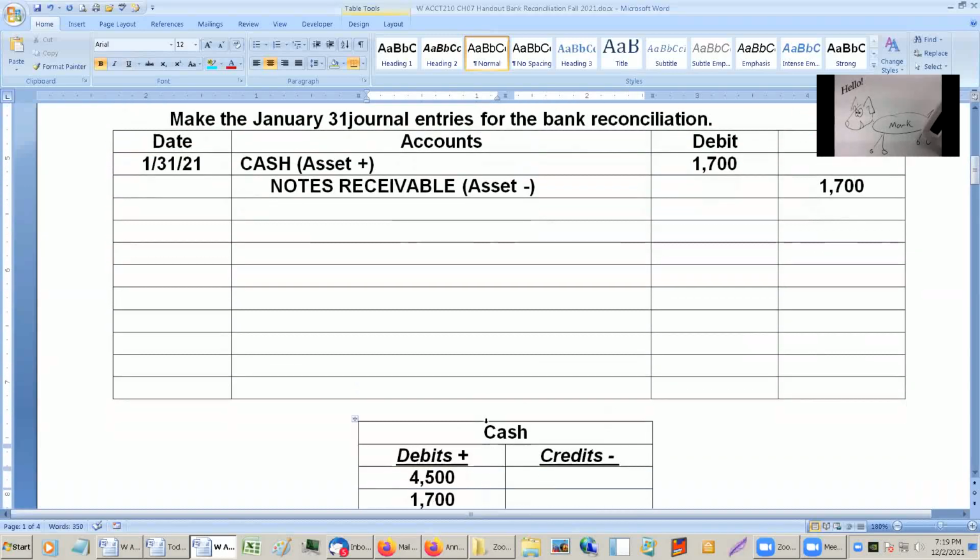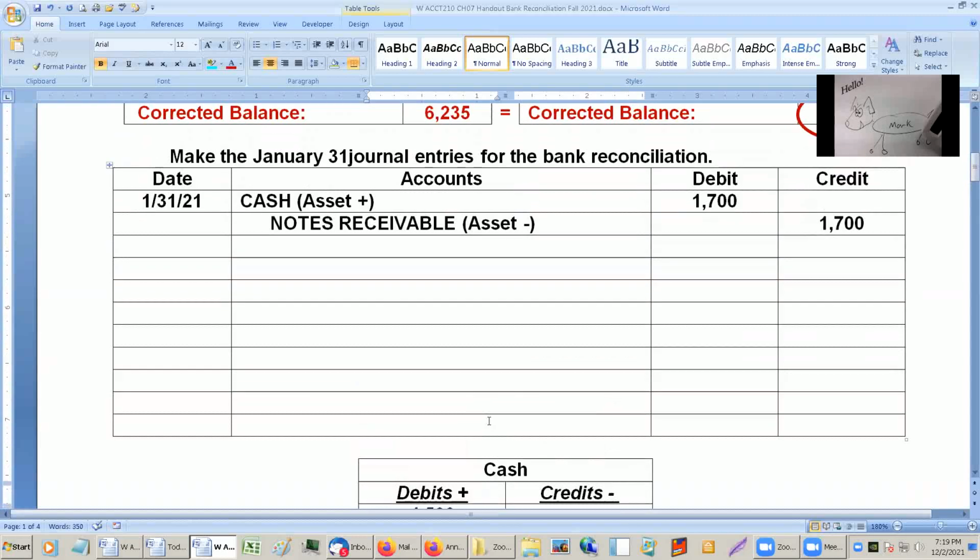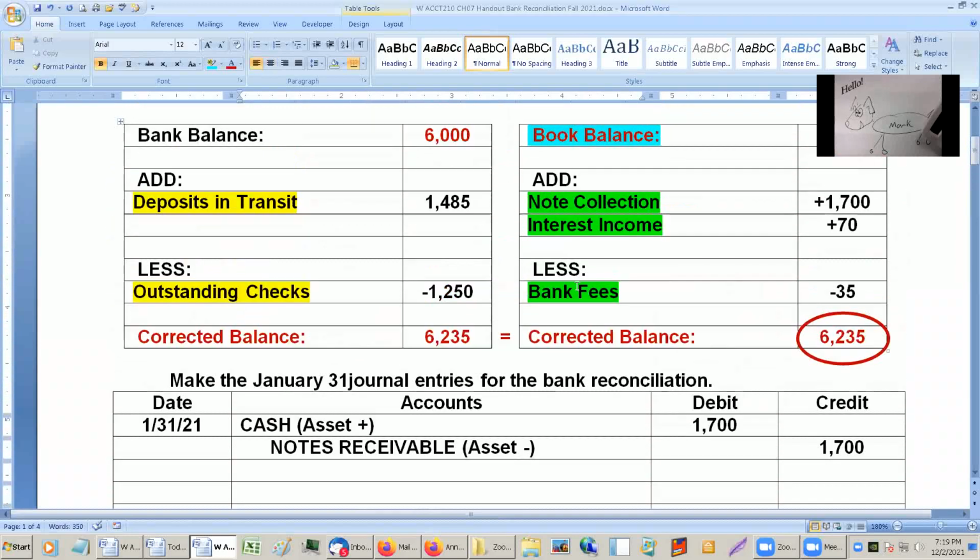So the notes collection is the credit? The notes, well, notes receivable. They handed us a note. They didn't hand us the cash. Kind of like an accounts receivable. It would just be a notes receivable. They may even put it into an accounts receivable.